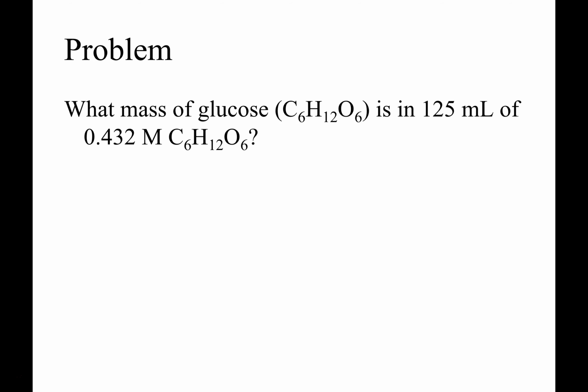So in this case, we are going to go from the volume, which is given in milliliters. Basically going to use this volume and the molarity to get to moles. And then from moles, we're going to use the molar mass to get to grams. But notice that my volume is given in milliliters, so I can't use the molarity directly.